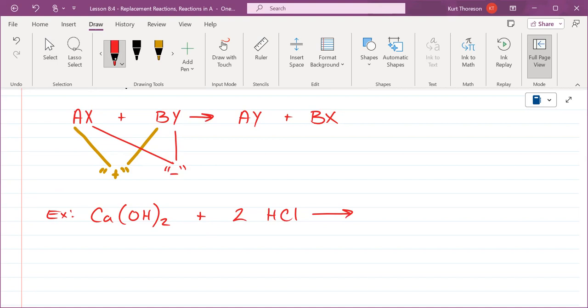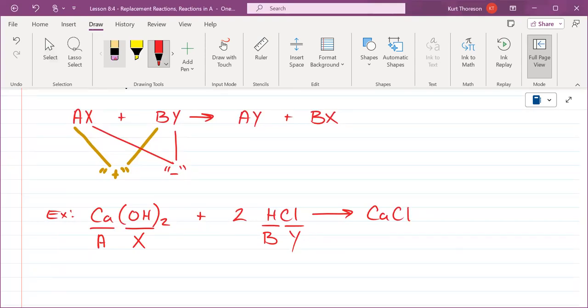What will calcium be with on the right? You got AX, BY. So what will calcium be with on the other side? Chlorine.